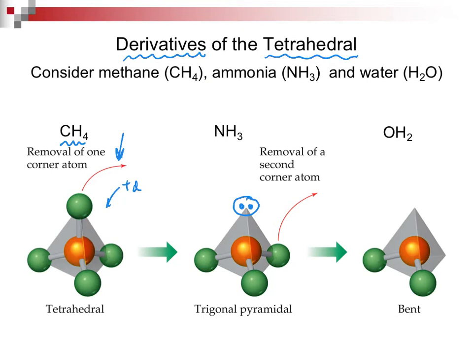So these are really my poster molecules, I always call them. I can talk about methane, where I have a tetrahedral. I can take away one corner atom, and I will go to a trigonal pyramidal. Then if I take away one more corner atom, I will go to what is called the bent shape. Now you're going to say, who cares? Hey, OH2 is water, H2O.